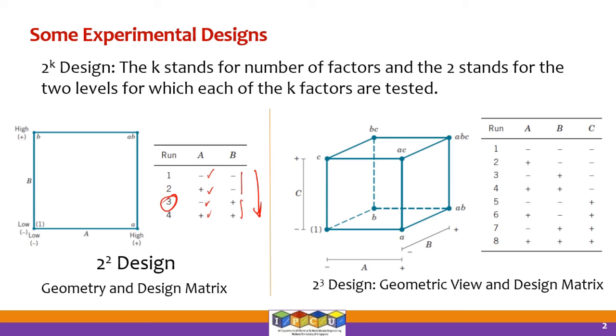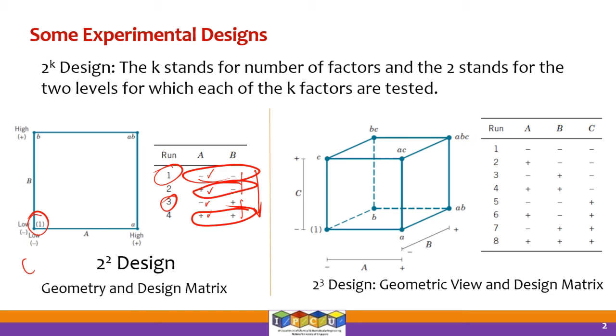For example, the first experiment may be run 3, the second experiment may be this particular run, and the third experiment may be this, and the fourth conducted experiment may be this. So they are run in a randomized order to conform to one of the pillars of experimental design, which is called randomization.